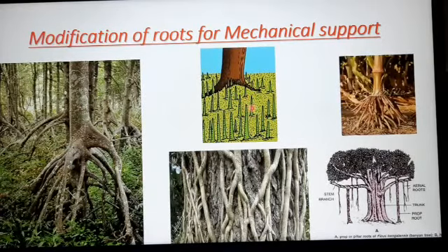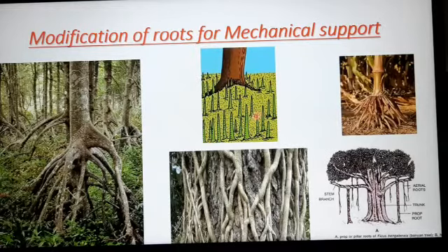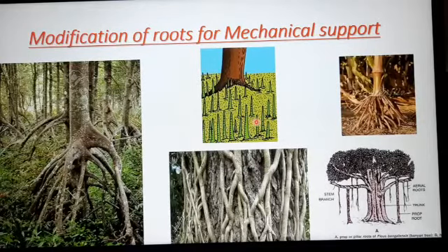Respiratory roots or pneumatophores. Actually, student, plants growing in marshy places and salt lakes develop roots that grow vertically upwards from the underground roots of the plant. Here you can see that they grow upwards.